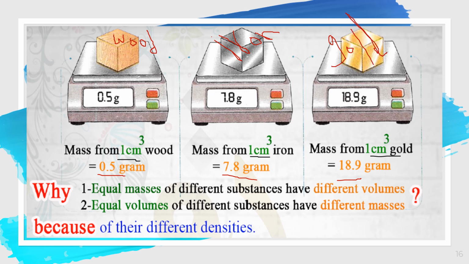Different materials give different densities when they have different masses or different volumes, or the same masses or the same volumes.